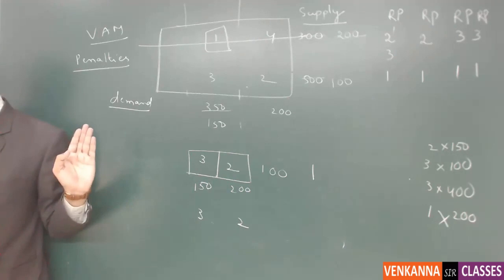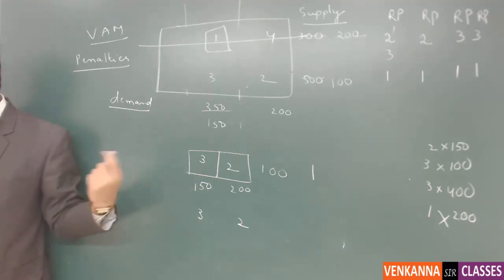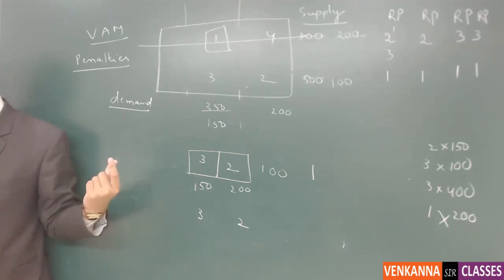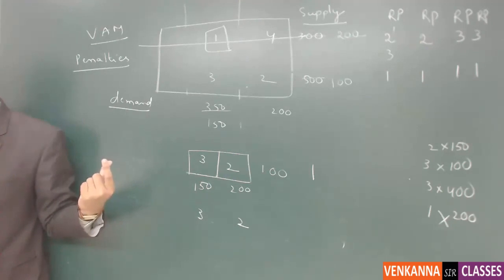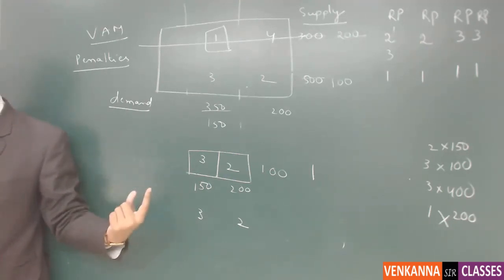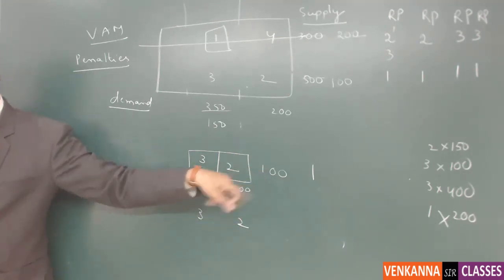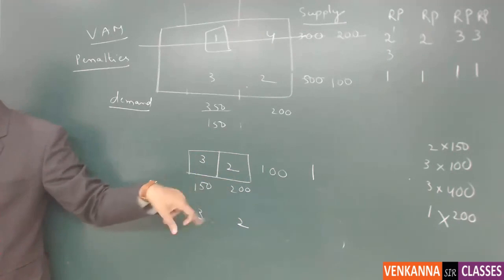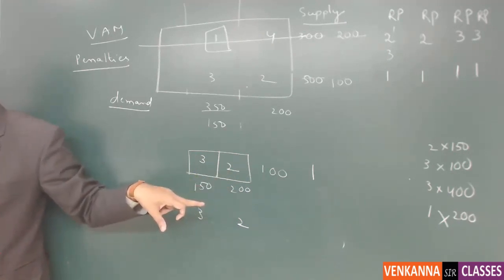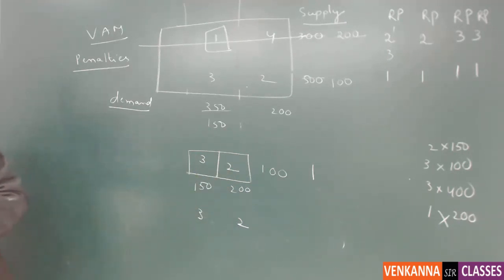Right. So if it is a balanced transportation problem, at the end, the final value must be matched. That's why I'm asking. I think it is a balanced one, not unbalanced one.